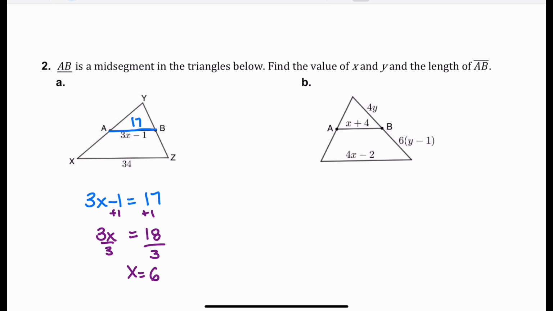Our next one, now if this is the midsegment, that means that B is right in the center. So 4y has to equal 6 times y minus 1. Now here I'm going to just distribute this 6 through.